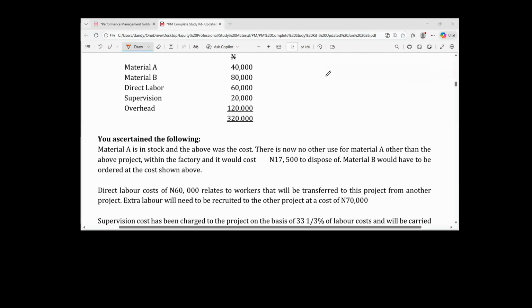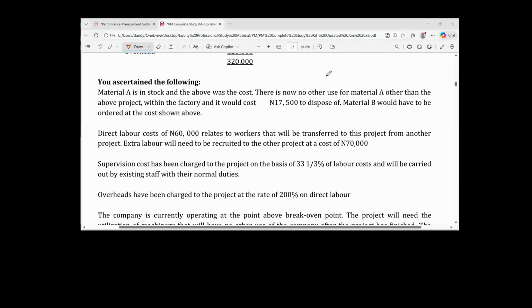You ascertain the following. Material A is in stock and the above was the cost. There is now no other use for material A other than the above project within the factory, and it will cost 17,500 to dispose of. Material B would have to be ordered at the cost shown above.